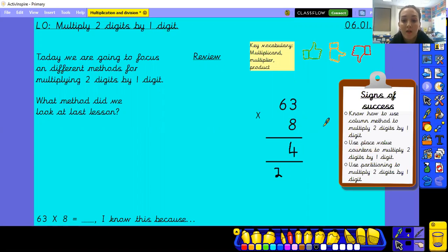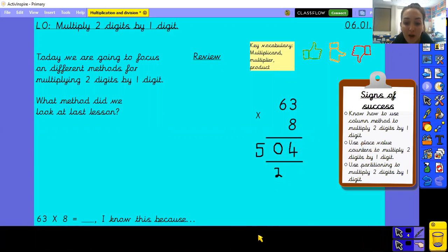So next we are going to do 6 times 8, which is 48. But because we have the 2 here and we need to add it on, the 48 becomes 50. We'll have a go at drawing that. Okay, so our answer should be 504. So well done if you had a go at that multiplication and got that answer correct.